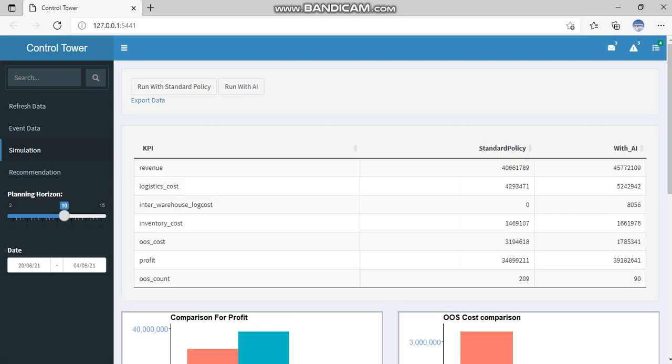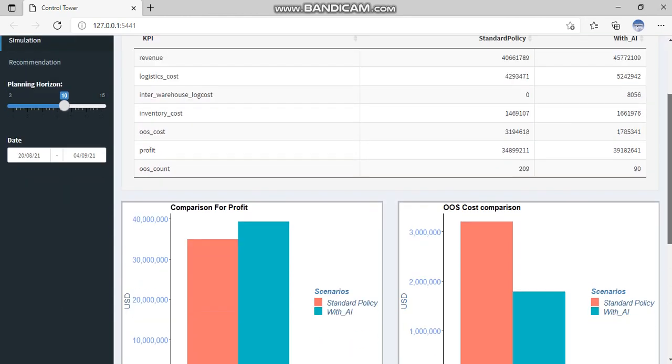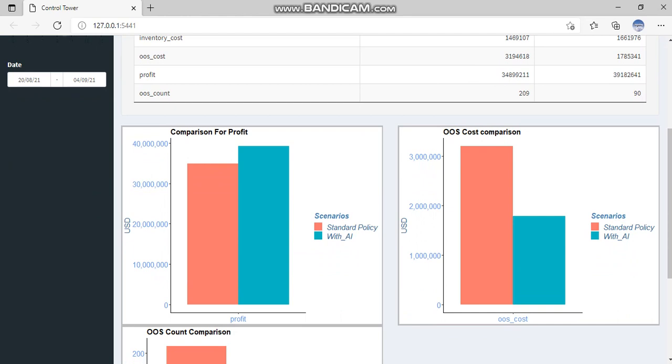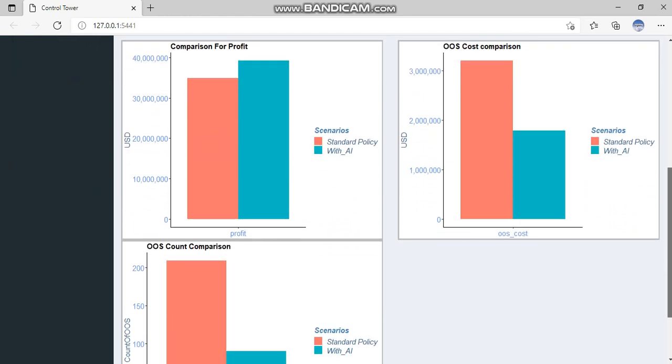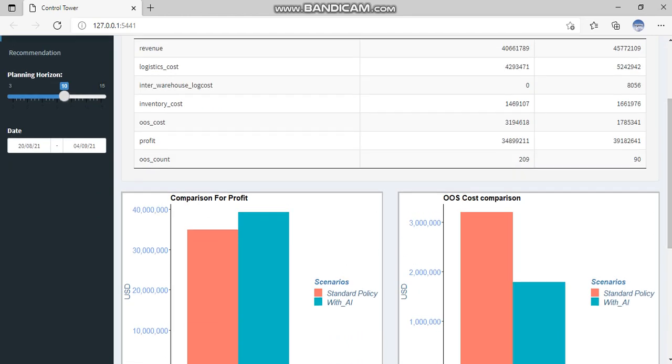You can see what the revenue, inventory, overall profit, and number of instances of out of stock will be if you follow the standard policy, and what the impact will be on your revenue if you follow the AI based recommendations. As you can see, it has improved the overall profit and reduced the number of instances of out of stock. The comparison shows that profit is increasing and out of stock is going down.